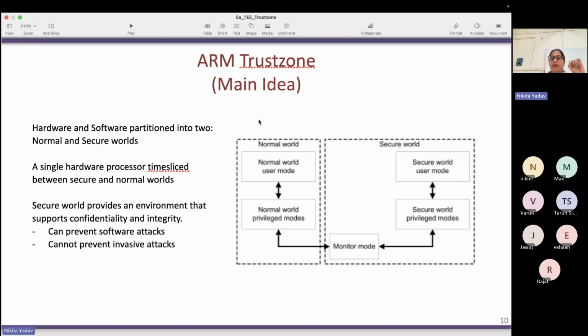When it is running in the normal world, the OS running will be the normal OS, and the applications running will be normal applications. And when your processor switches to the secure world, the applications running will be secure applications, the OS running will be the secure OS, and then there is also this secure monitor.